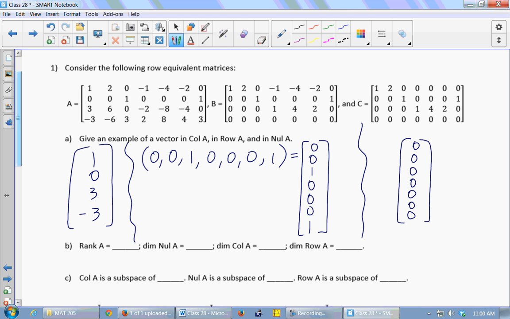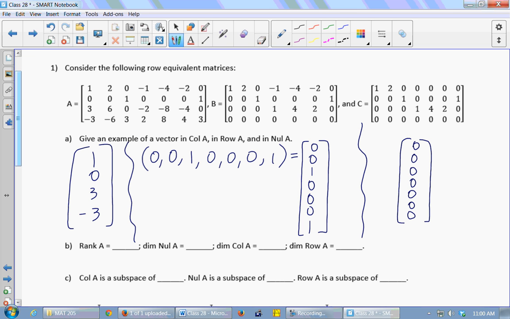All right, what is the rank of A? The dimension of the column space of A, which is what? How'd you get 4? Okay, so that means that the column space is a subspace of R4, but it doesn't tell you the rank. The rank is the dimension of the column space, and we learned last class a shortcut for how to find the dimension of the column space: look at the number of pivots.